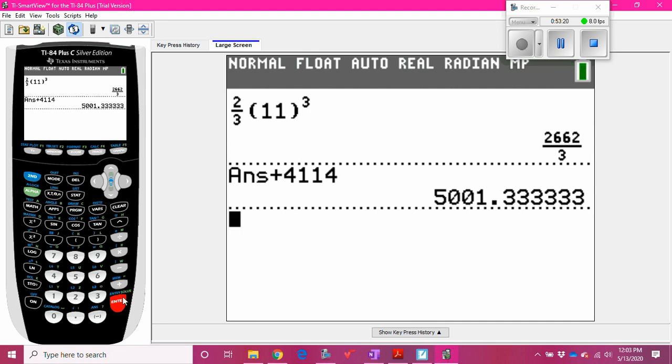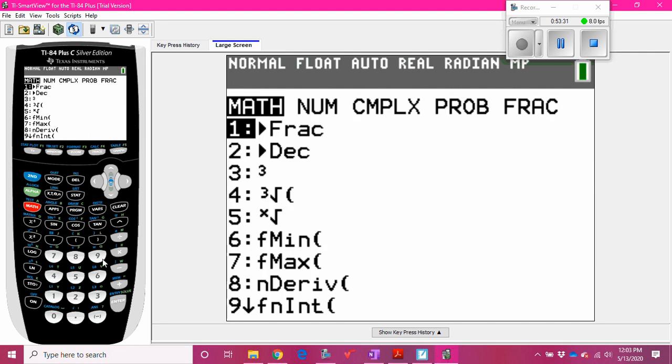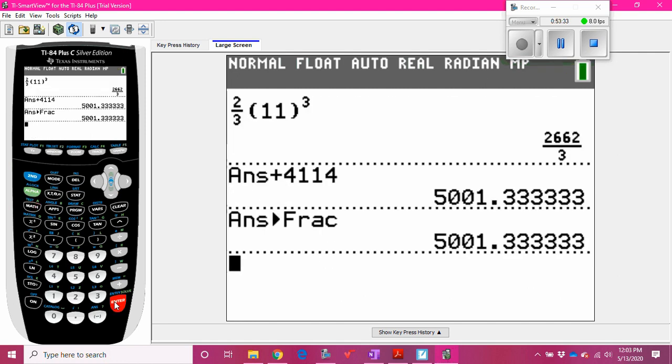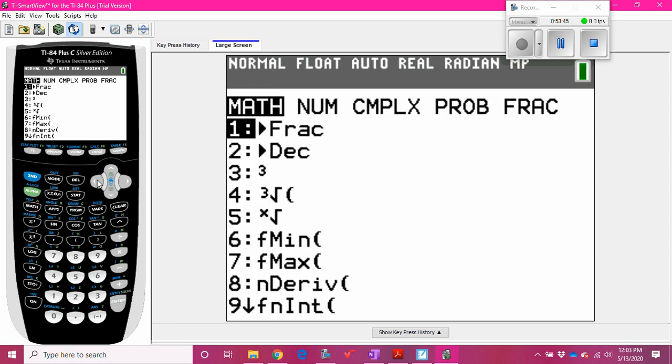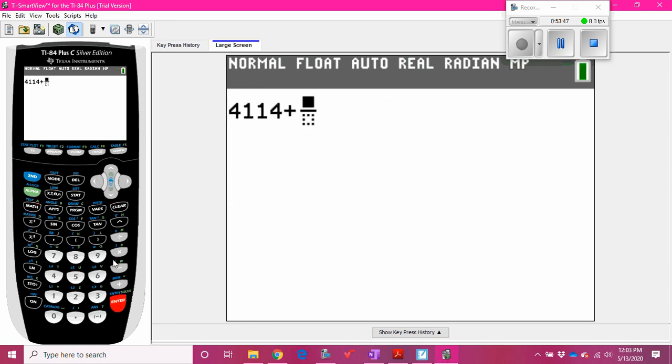I want that in a fraction. Let's go to math. Will that work? Nope. Okay, so let's do 4,114 plus, let's go to our fraction here, 2,662 over 3.